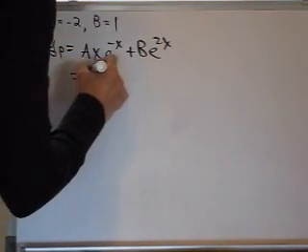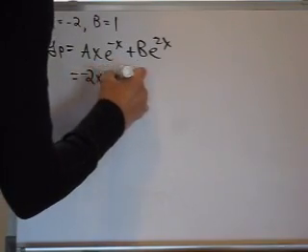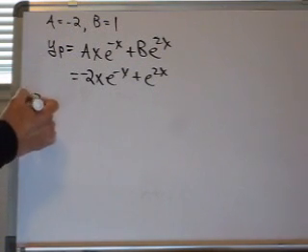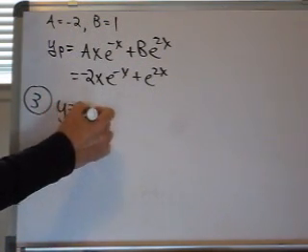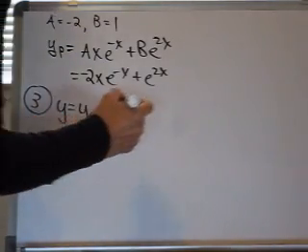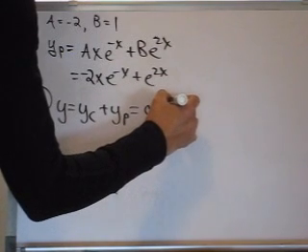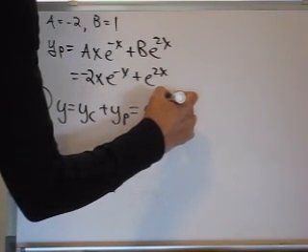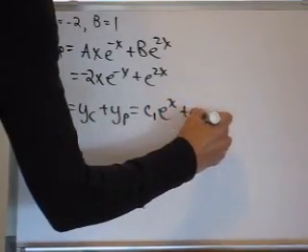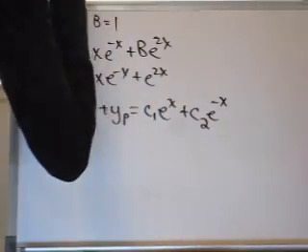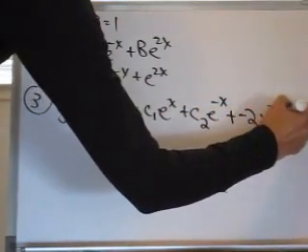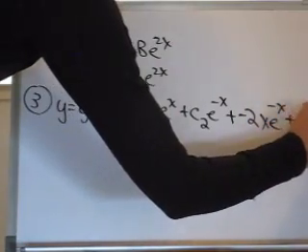And so the particular solution is negative 2x e to the negative x plus e to the 2x. The last step is to combine the complementary solution and the particular solution. The complementary solution had been c1 e to the x plus c2 e to the negative x, and then the particular solution is negative 2x e to the negative x plus e to the 2x.